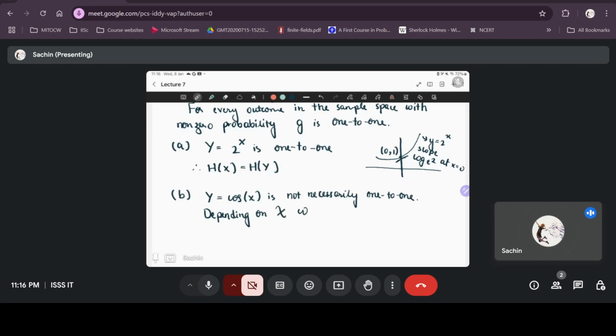Cos of x can be many to one or one to one.